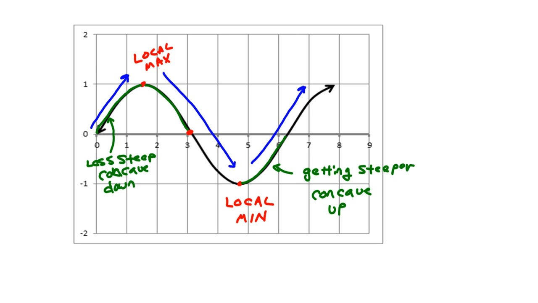So this red point here is what we call an inflection point. The concavity changes there from being concave down to being concave up.